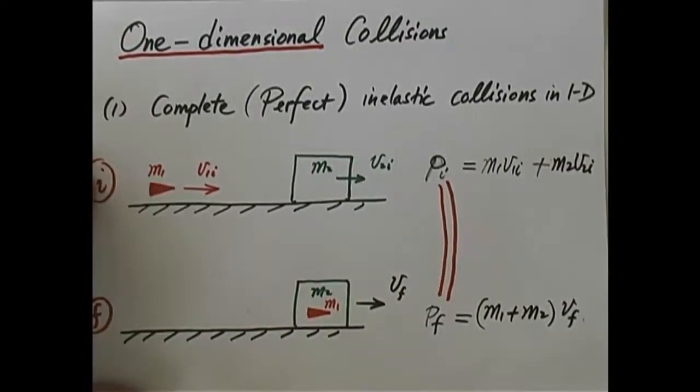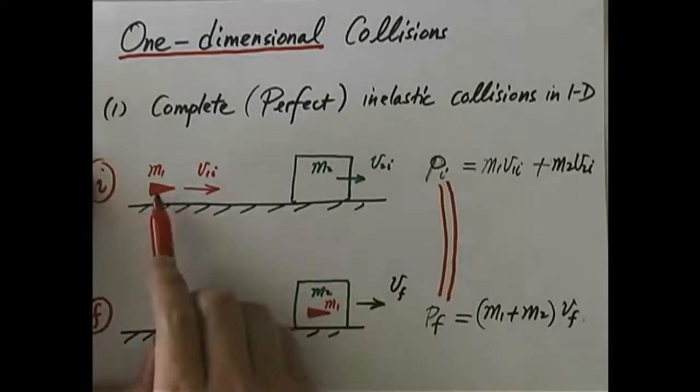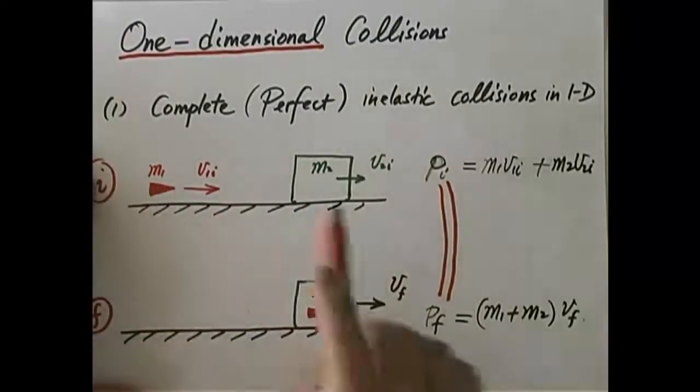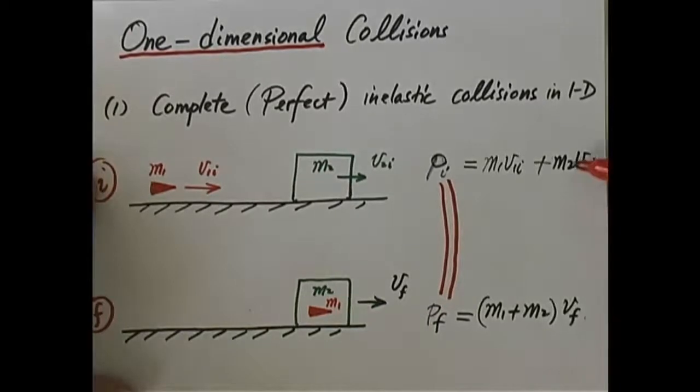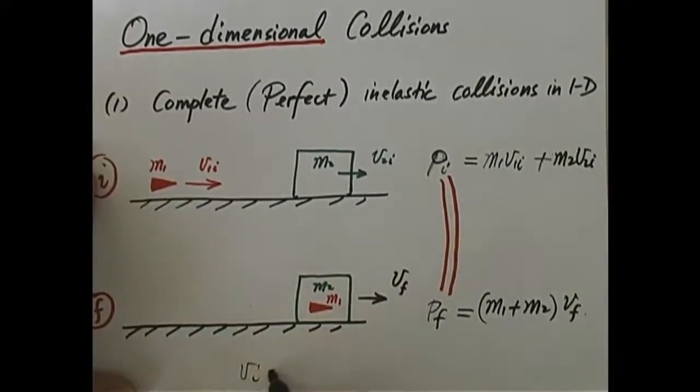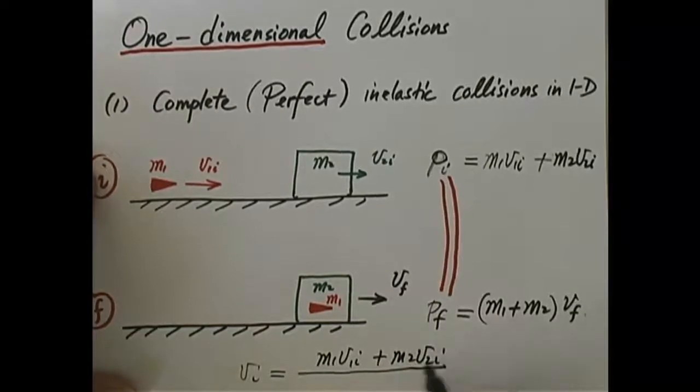I don't have to figure out, for example, how long it takes for them to reach the common final velocity, or how much is the force between the bullet and block that slows down the bullet and speeds up the block. I don't care. That's internal. So if you equate P initial and P final, you immediately can find v final. So I can solve for v final now. v final equals m1 v1 initial plus m2 v2 initial, divided by m1 plus m2.